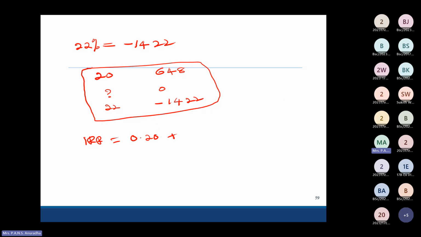So the difference between the largest and the smallest value means 648 plus 1,422, so that is 2,070. For this difference, the rate has differed only by 2% here. So then for 648, now check the answer.